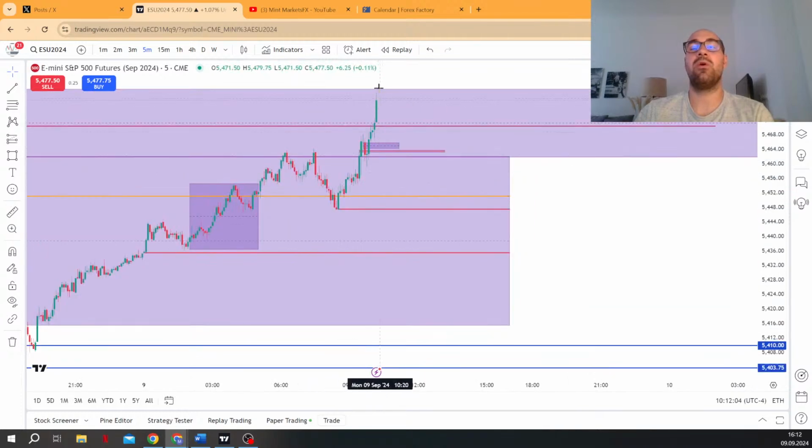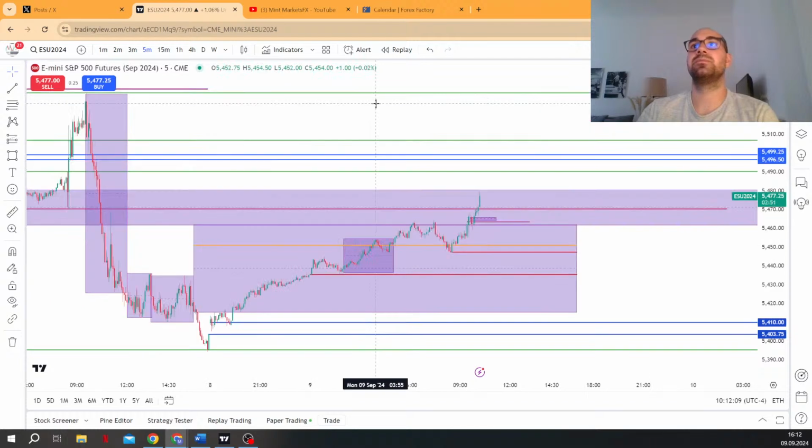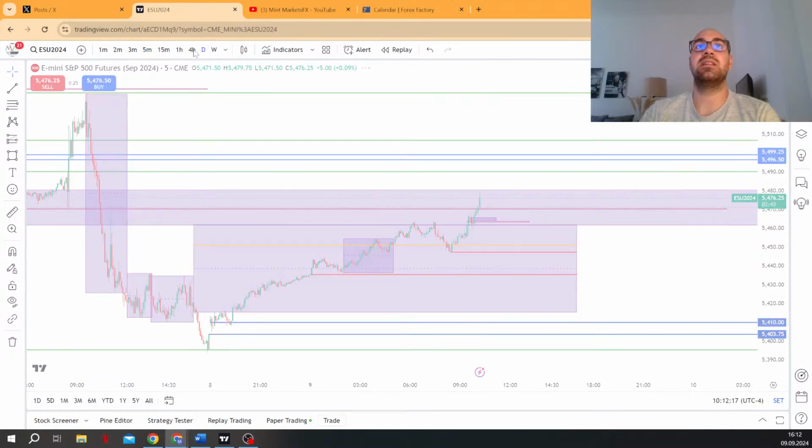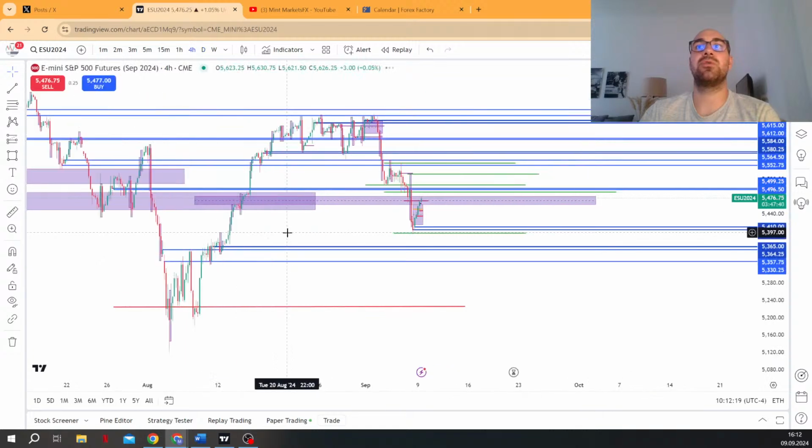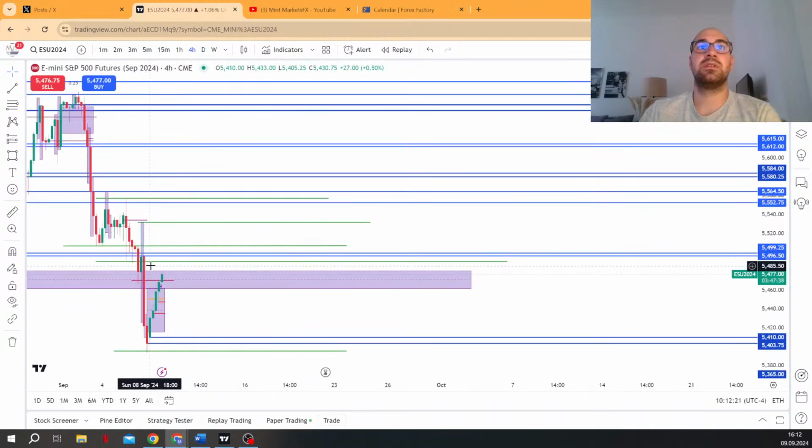So now we are almost at the premium end of the daily fair value gap. And we have taken out the high here. We are inside the 4-hour bearish order block. We have an old daily low here.